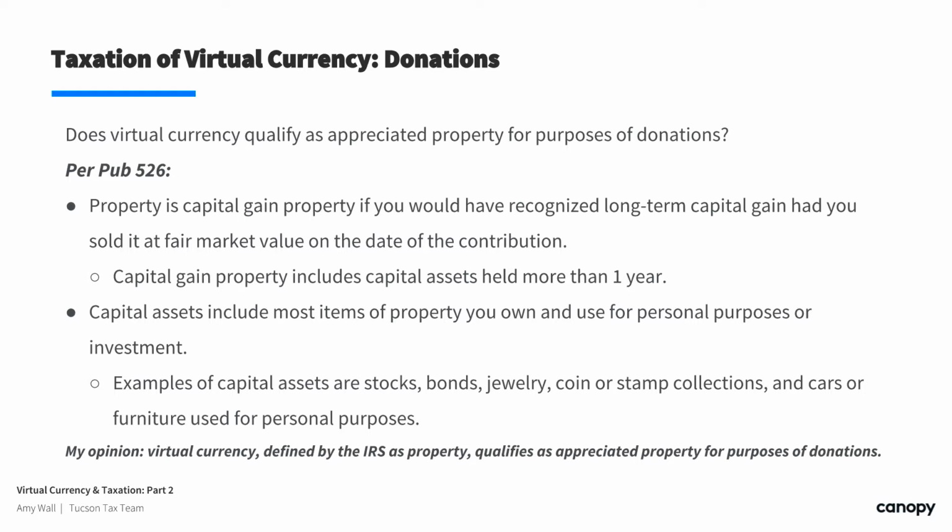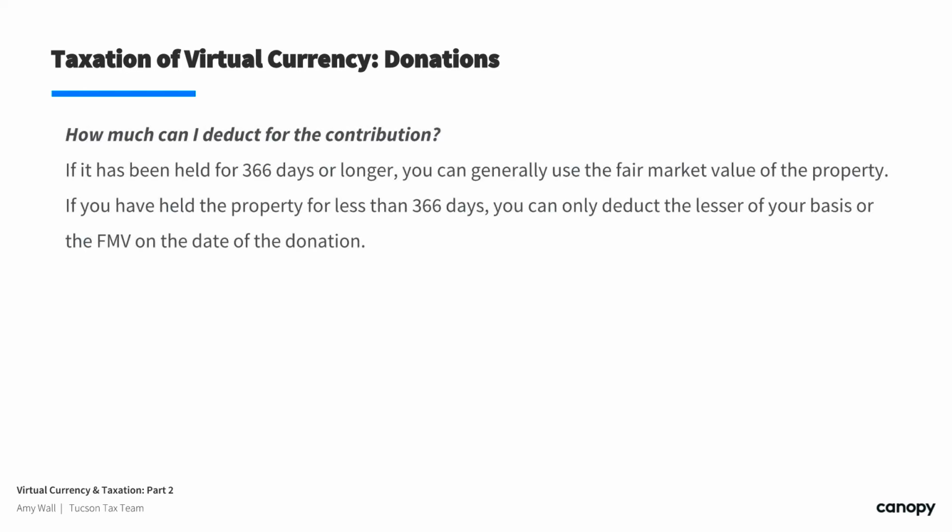So how much can we deduct for the contribution? What we know is that if it is long-term property, held for 366 days or longer, we use the fair market value of the property. If it's not long-term, you only get to deduct the lesser of the basis or fair market value on the date of donation. So certainly what people want to do in this case is donate long-term property.